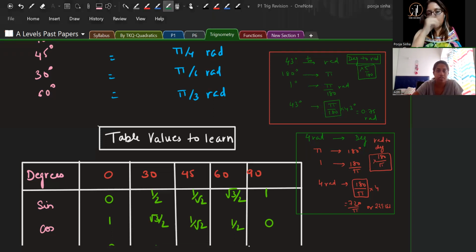Then do one thing: convert 5 pi by 9 radians to degrees. 5 pi by 9 radians to degrees, right?